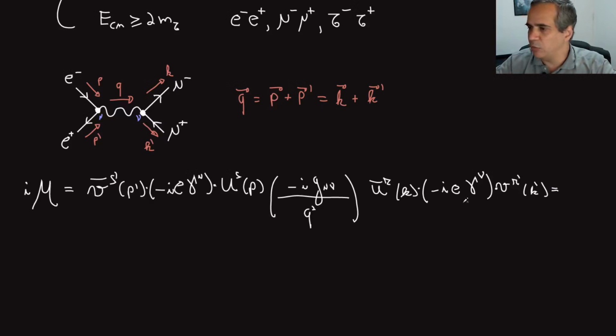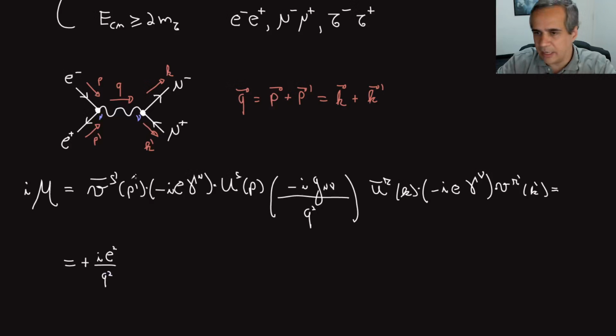Let me do a little bit of simplification on all of that. Take all powers of i here. There's minus i here, minus i here, minus i there. That gives me a plus i e squared for these two e's. This q squared I'll bring to the front.